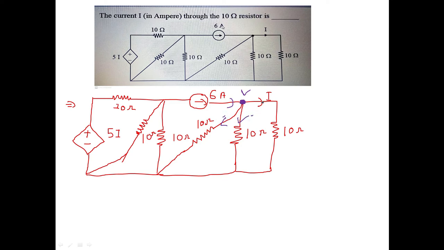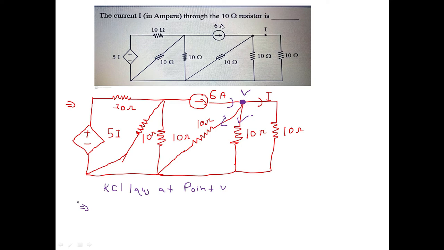Now we will apply nodal analysis over this particular point. For nodal analysis, we first apply KCL at point V. KCL states that the sum of incoming current is equal to the sum of outgoing current.